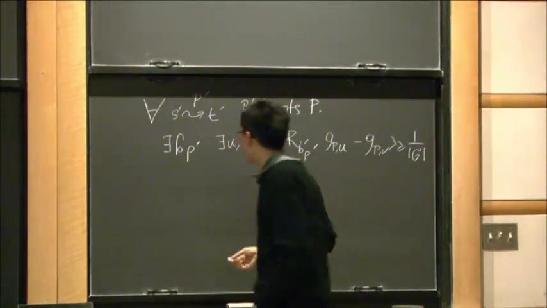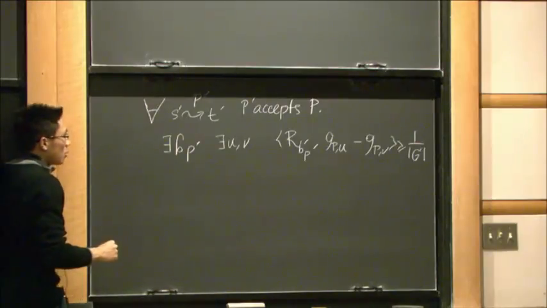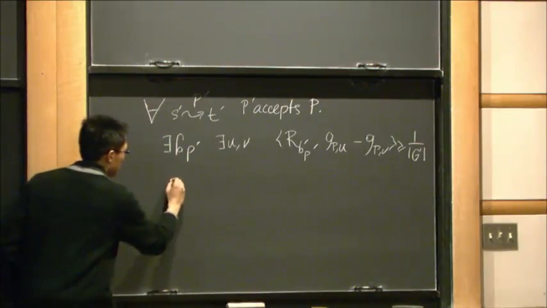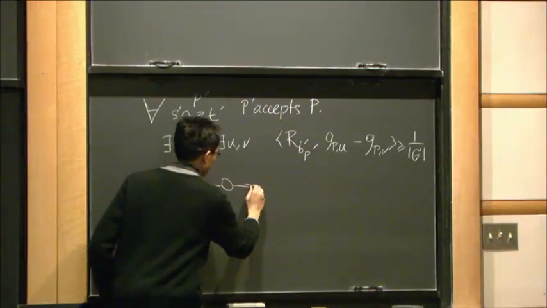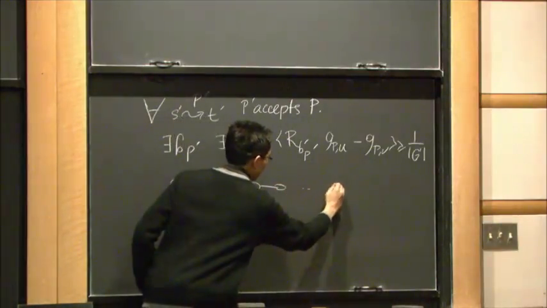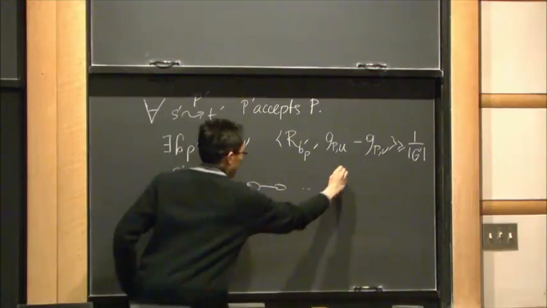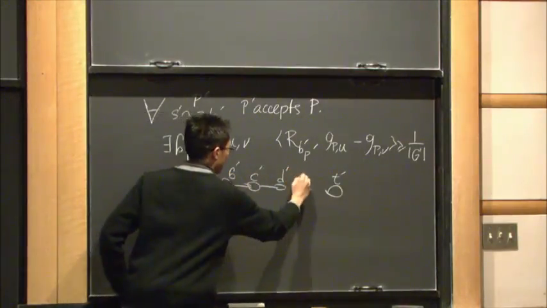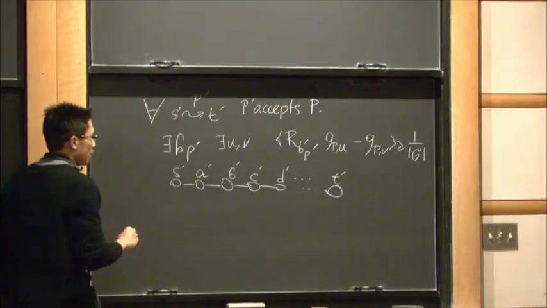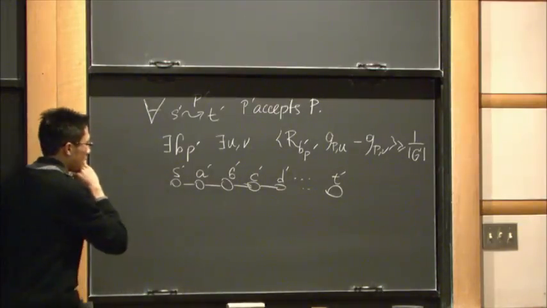Here's the proof. First, what we are going to do is lay out the path from S prime to T prime. We're going to draw a 2-dimensional table.